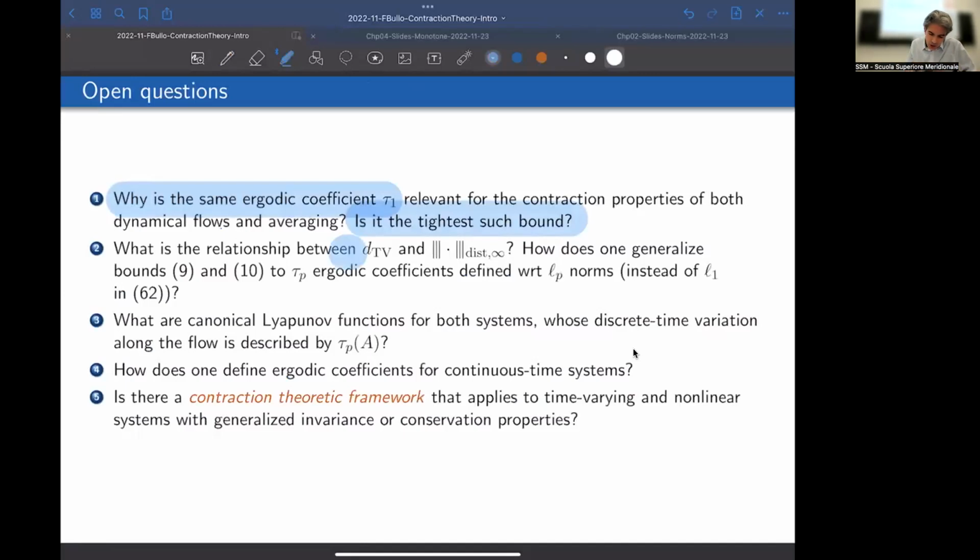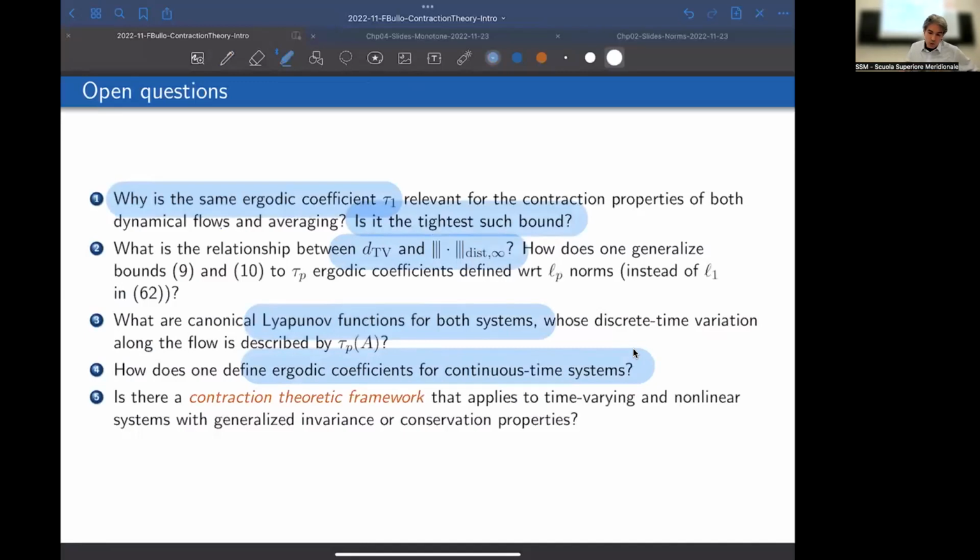What is the relationship between these two, the total variation distance and the max minus min semi-norm? And do these automatically give Lyapunov functions? And the answer is yes. And then, which I will not do, are there ergodic coefficients also for continuous time systems, which is true, and it's relatively novel.